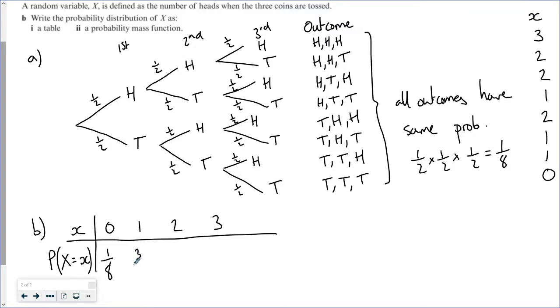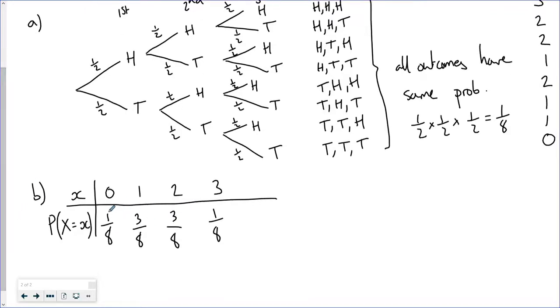So 3/8 is the probability of having that outcome, or that outcome, this one, or this one. The probability of getting 2 heads is either this outcome, or this outcome, that one, or that one. And that has 3/8 probability, again because it's 1/8 add 1/8 add 1/8. And the probability of getting 3 heads is only one outcome, which has probability 1/8. And at the end, you should check.